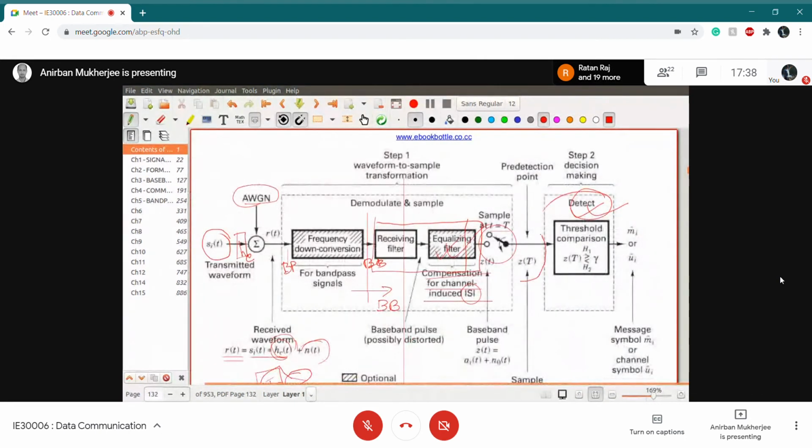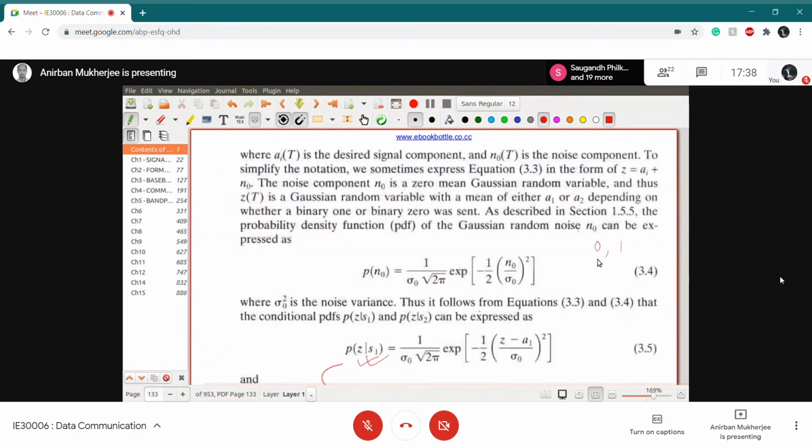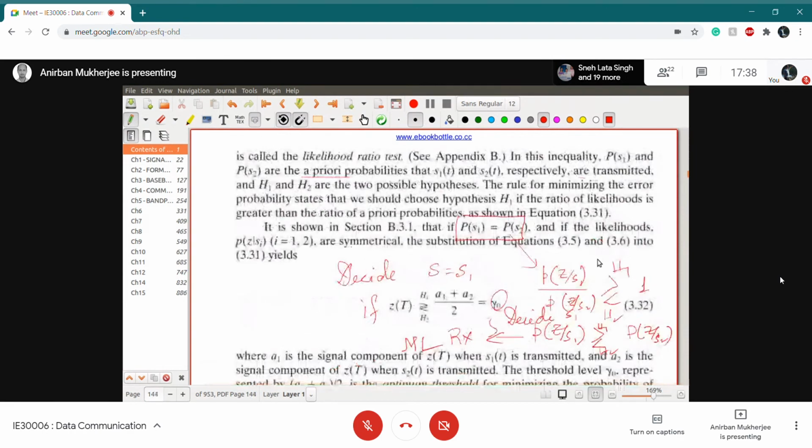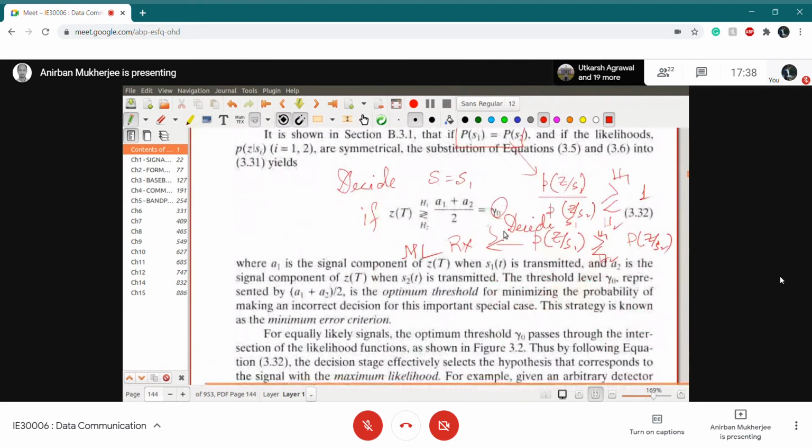This is the Z(T) that you are choosing for the threshold comparison, and gamma 0 is (A1 plus A2) by 2.